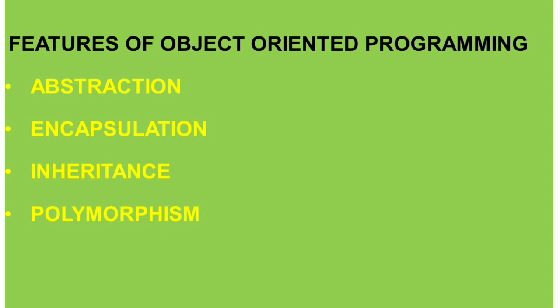Then moving on to encapsulation. Encapsulation means binding data and functions together to keep them safe from unauthorized access. So you bind, which means keep them tightly assigned to a place where they are safe from unauthorized access and misuse.